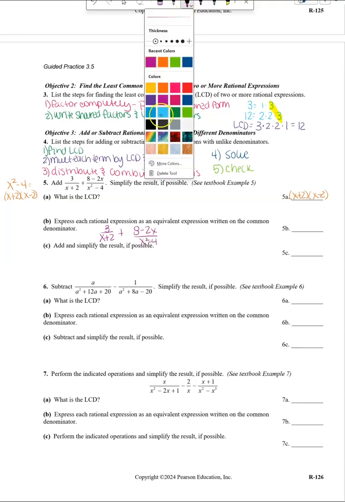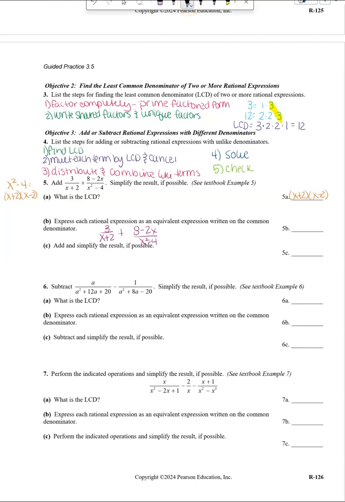Okay. Now let's multiply both sides by the part of the LCD that we're missing. So let's multiply this side, x minus 2 over x minus 2. So we're going to take 3 over x plus 2, and we're going to multiply it by the part that is missing, x minus 2, top and bottom.